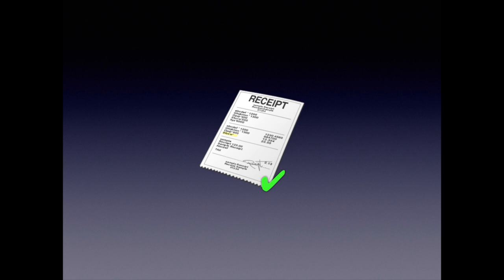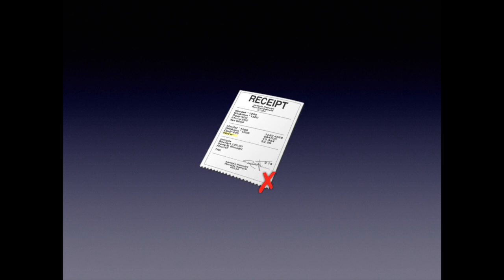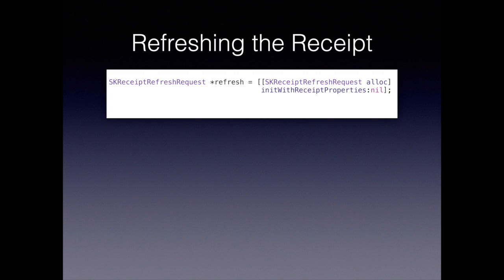So the second question is, what happens if you find that a receipt is not valid? Well, then you treat it as non-existent, and you again refresh it from iTunes. So how do you refresh a receipt? Well, you just do an SKReceiptRefreshRequest. Set yourself as a delegate.